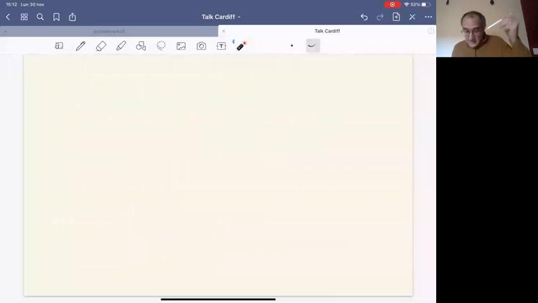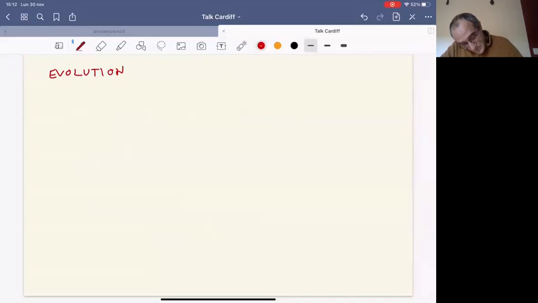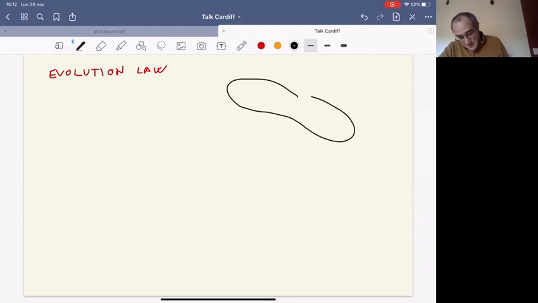Okay, so in particular, let me describe what is the evolution equation we will consider. So the evolution law is, as usual, we have some hypersurface in Rn, and as usual for geometric problems, one prescribes the normal velocity.